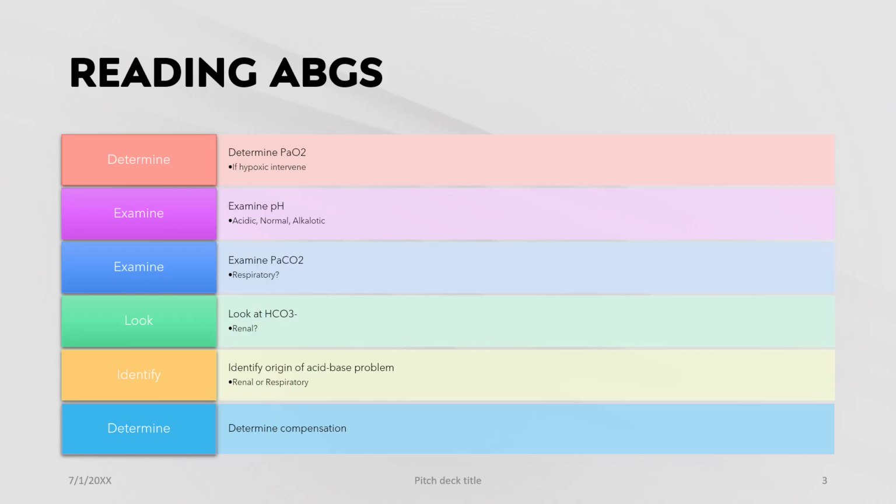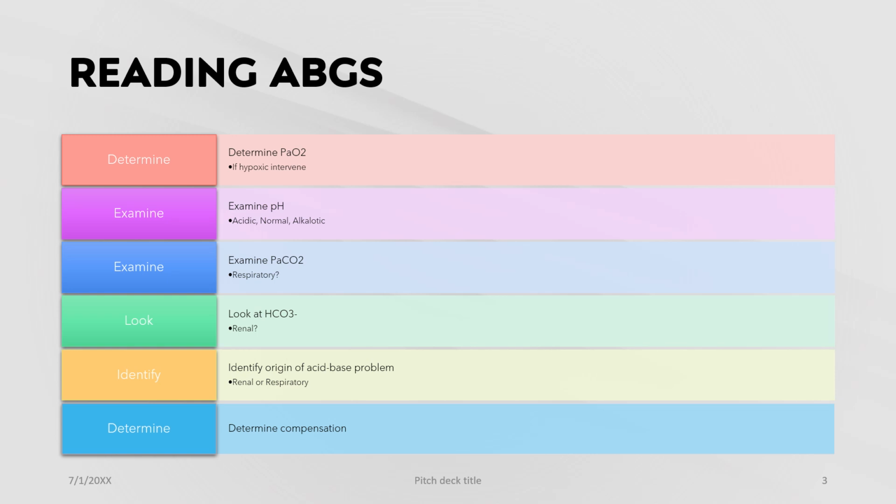So when we are reading our ABGs first, we can think about this as our ABCs as well. So is our patient breathing? That's how we're going to look at our PaO2. PaO2 is actually the amount of pressure that oxygen is producing. So the higher the pressure, the better we are able to perfuse that oxygen.